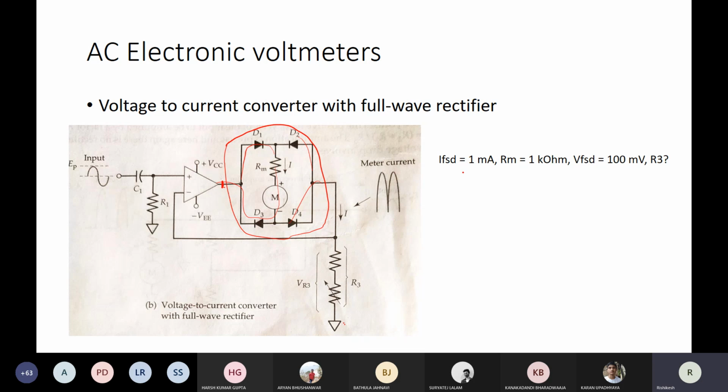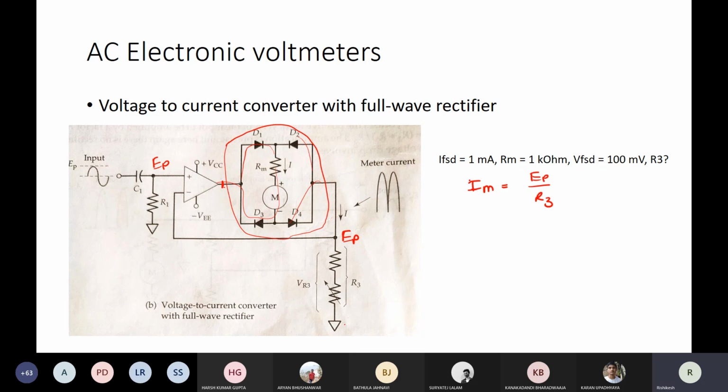Who is deciding how much current is flowing? It is being decided by this. So E peak is appearing here, also here. So IM is basically equal to E peak divided by R3 only. It is not even dependent on RM. You see, it is not even dependent on RM. It is basically decided by R3 only and the input voltage.